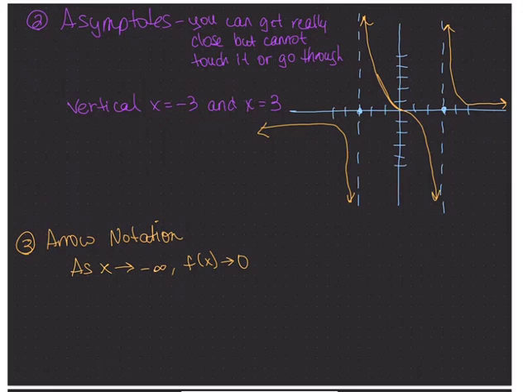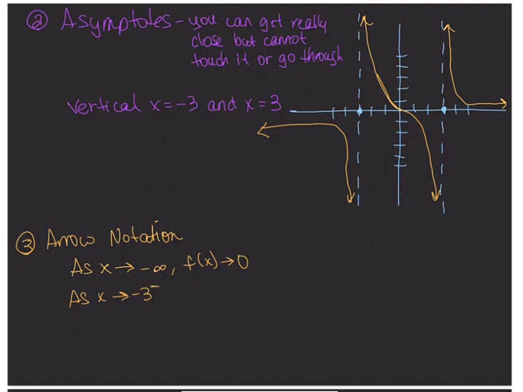So then what's my next little step? As x approached, so I'm approaching this asymptote, and that asymptote was at -3. So as x approaches -3, and this is the part where, remember I said you can get to -3 from the positive or the negative side, if you're on the left or the right. So we're going to start by coming from the left, so this is going to be the negative side. The way you denote that is up in the exponent, you're going to write a little negative sign.